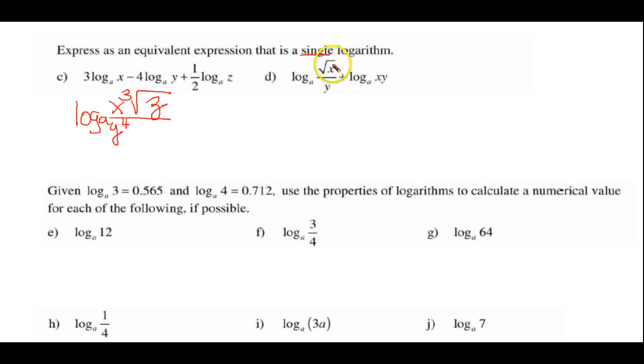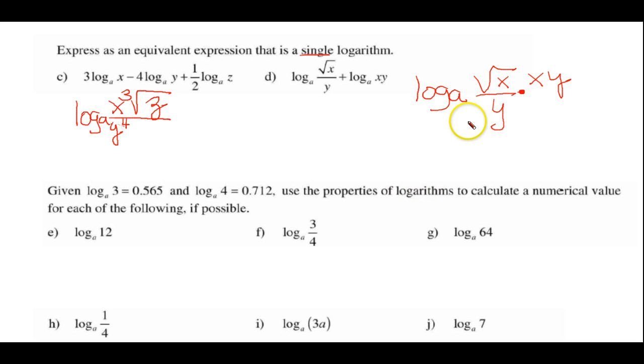In letter D now, this is a little tricky, but let's put it out here. Log base a. So we're finished with that. Now we have this, which is the square root of x over y, and it's just going to be times, because there's our plus, we're going to multiply this by xy.